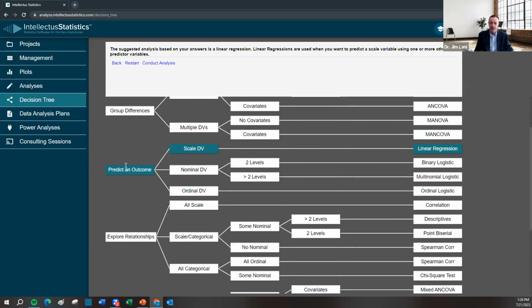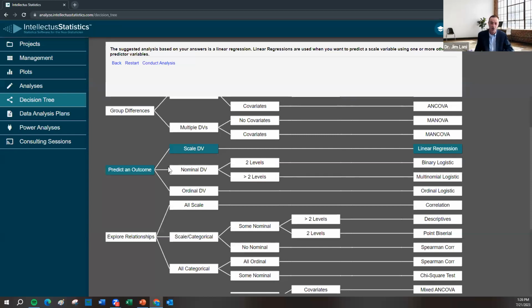So I'm predicting an outcome that happens to be a scale dependent variable, putting together the levels of measurement and what type of variable it is, and that's driving us to a linear regression. I've been asked 5,000 times, what test? And I always say it's based on the research question, how that's phrased, and the levels of measurement. So I want to predict, based on a scale variable.